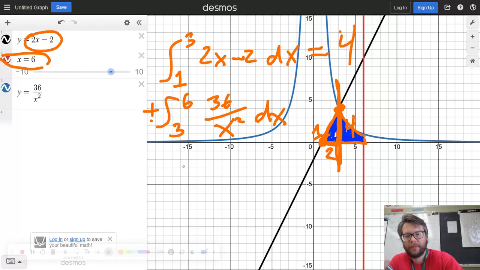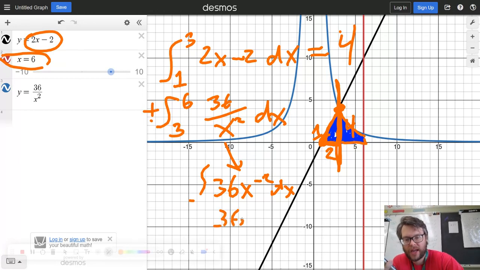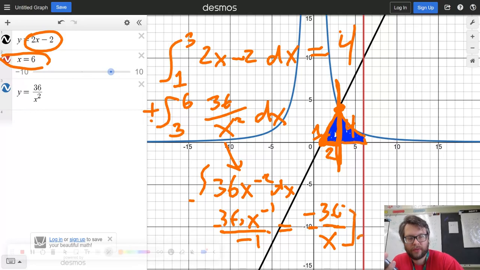This other integral on the bottom, it's a good reminder that 36 over x squared is the same as 36x to the negative 2. So if you integrate that, you're going to add 1 and divide. And so I get negative 36 over x, like that. And we're integrating that from 3 to 6.